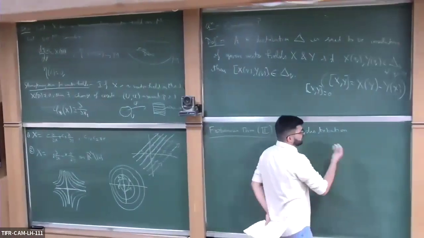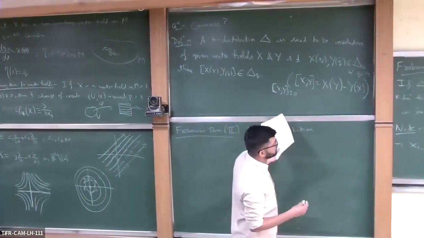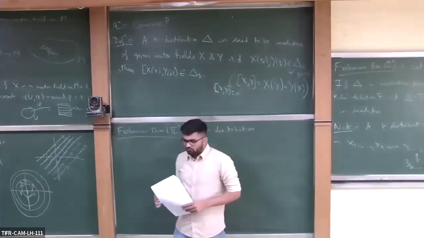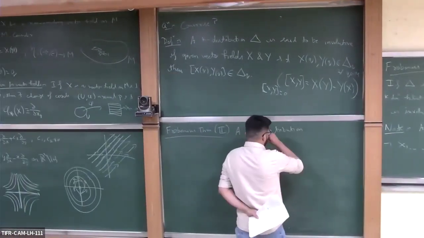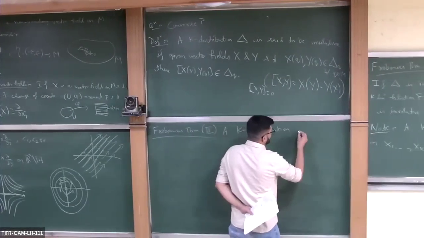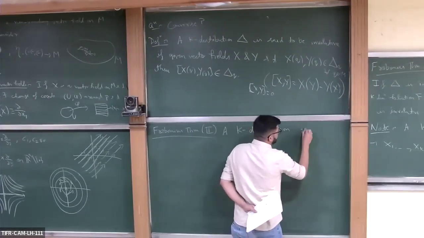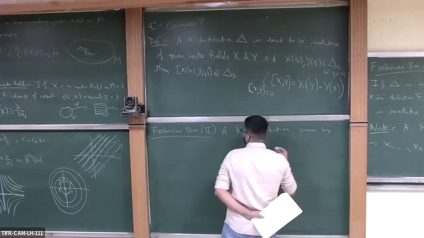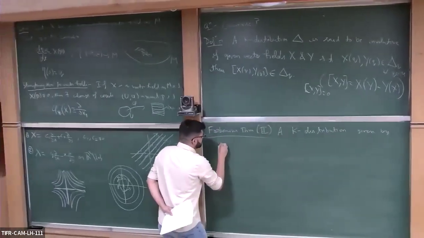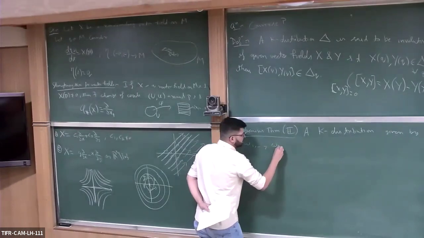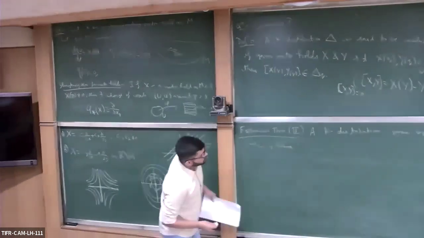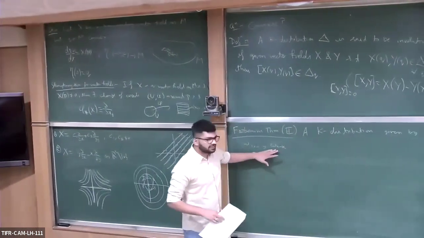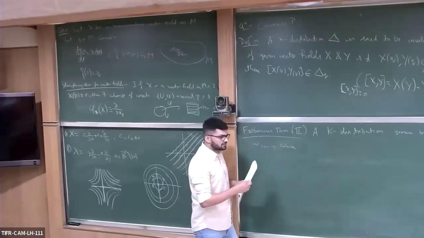So let me give you this combination version corresponding to this one form. So let's say a K distribution given by, let me write it in this term, defined by these one forms omega 1 to omega n minus k. Note that I'm taking a K distribution, so I need n minus k number of one forms.